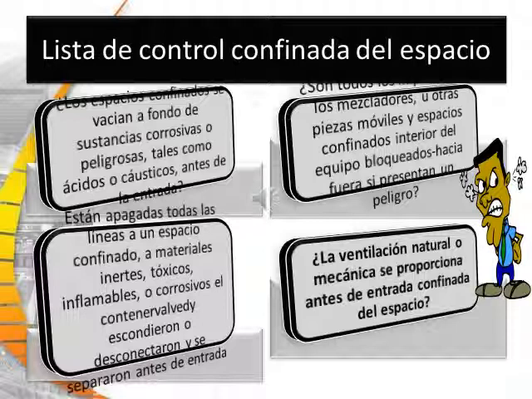Are all lines to the confined space containing inert, toxic, flammable, or corrosive materials valved off, blanked, or disconnected and separated before entry? Are all impellers, agitators, or other moving parts inside the confined space locked out if they present a hazard? Is either natural or mechanical ventilation provided prior to the confined space entry?